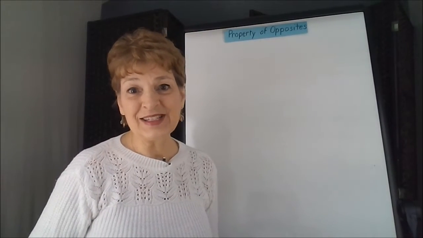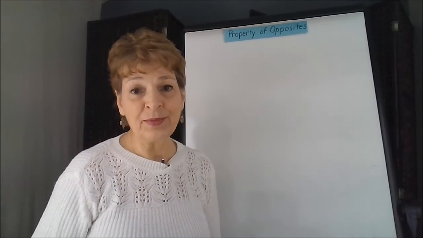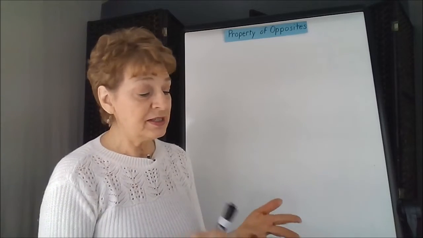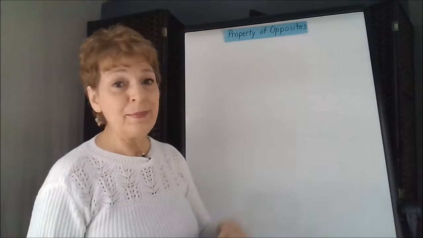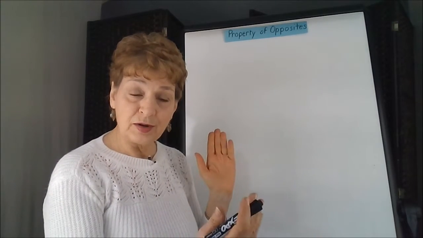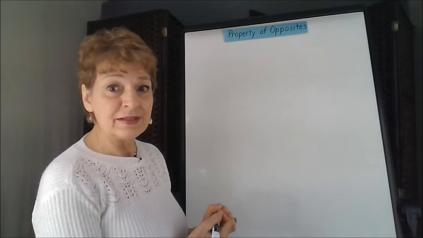When we discuss the properties of math, we're talking really about how the numbers behave. And within the operations of addition, subtraction, multiplication, and division, the property of opposites basically is telling us that there are two integers that are the same distance away from 0.